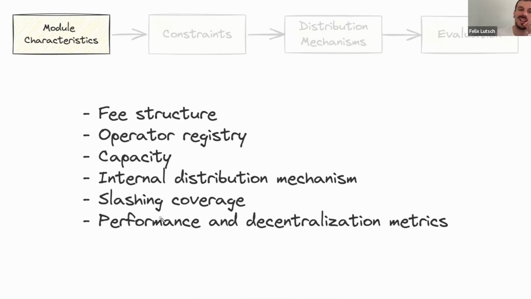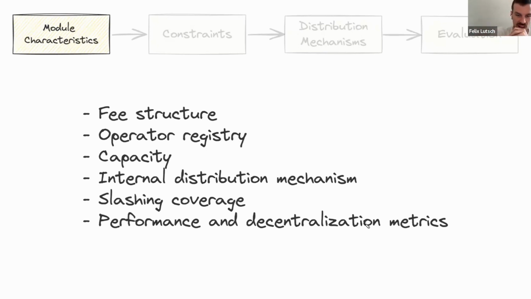And ultimately, there's a big thing that I group under performance and decentralization metrics here, where the modules will obviously in the end differ in terms of how much APY they generate and maybe how much they contribute to decentralization metrics. It's not really clear, but one could think of a decentralization score or have different dimensions of decentralization that a module contributes to.